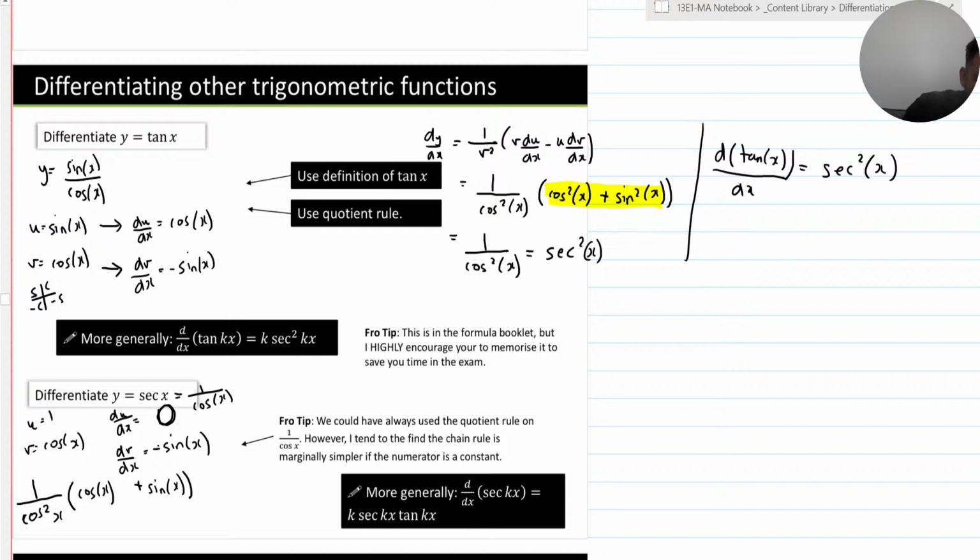So v times du by dx is going to be that times by 0, minus u times dv by dx, which is times by minus sine, which is plus sine. So I'm just going to take this here like so, which is going to be sine of x all over cos squared x.